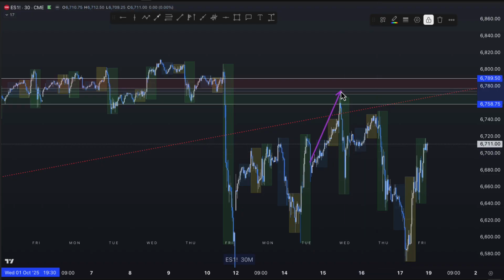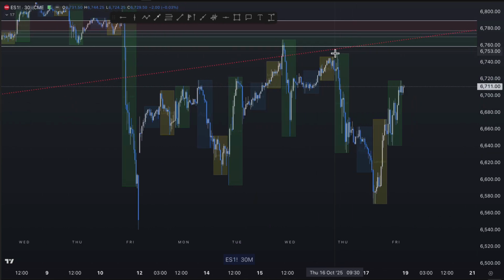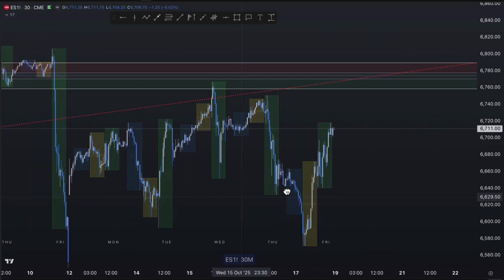We tried to come back to it and failed. Had a very strong overnight session, failed to even touch it, did a bigger pullback, not a shock. When the bulls can't reach something, they'll take some liquidity, charge back at it. And we are in the middle here of a really good charge up. So it'll be very interesting to see what happens if we can get back up into here.